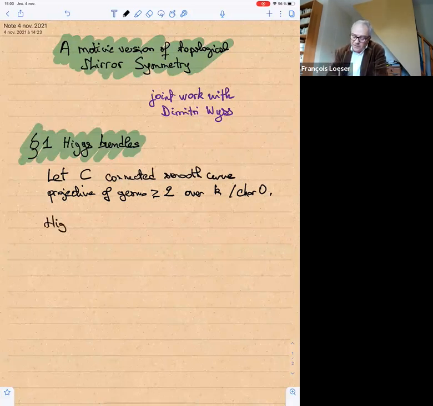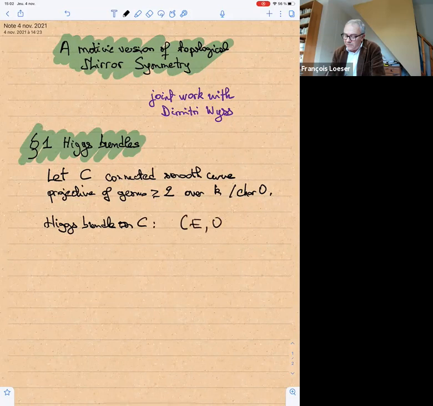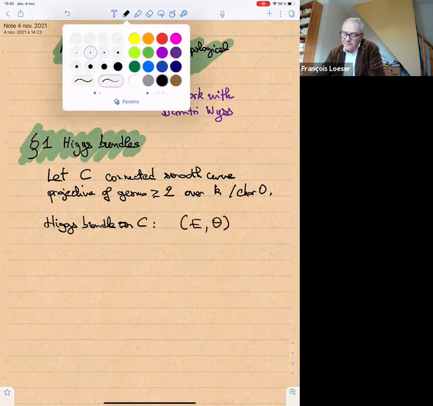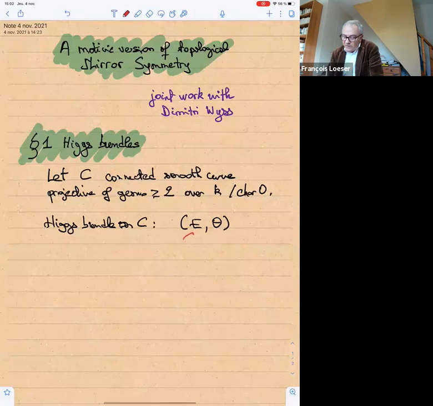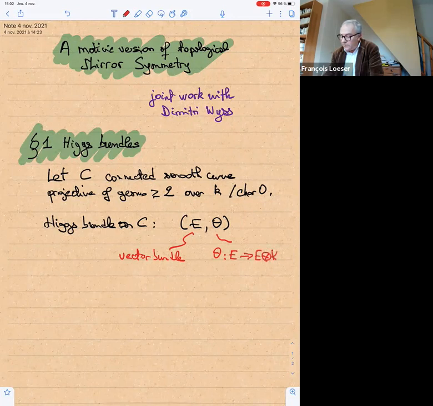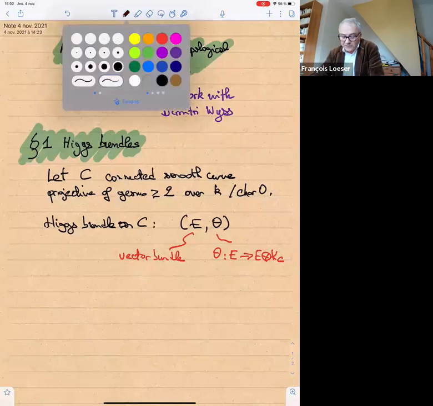A Higgs bundle on C is just a pair (E, theta), where E is a vector bundle on C, and theta is a morphism of vector bundles from E to E tensor the canonical bundle on C. Okay, so this is a Higgs bundle.